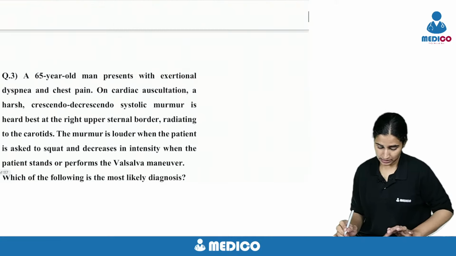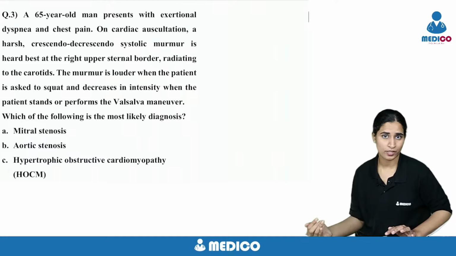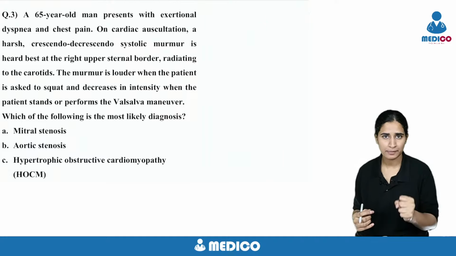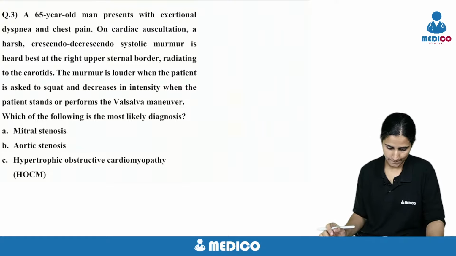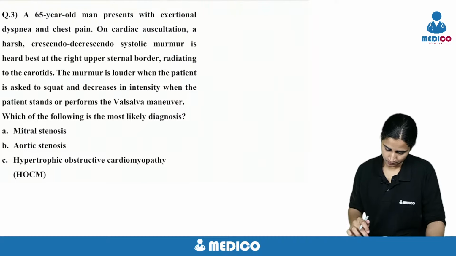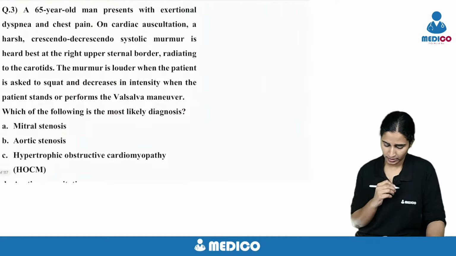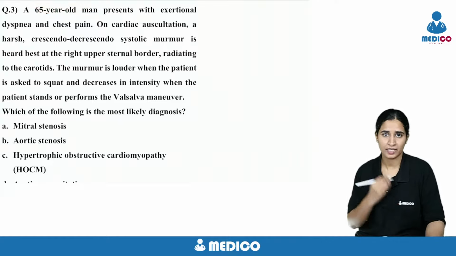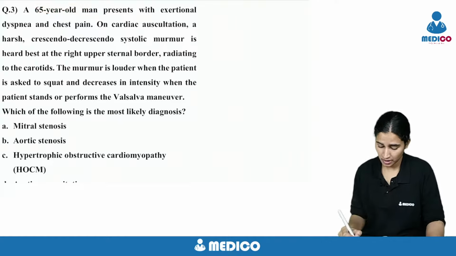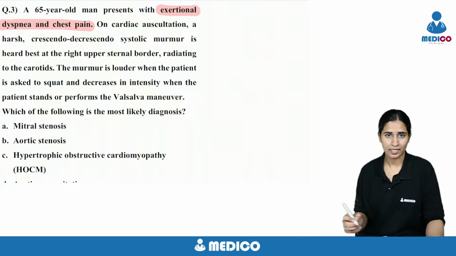So with this, we will move on to the next question. The same way, we'll pick up the key points and answer this question. Here it's an elderly man. He came with complaints of exertional dyspnea and chest pain. Remember, these symptoms are very important.